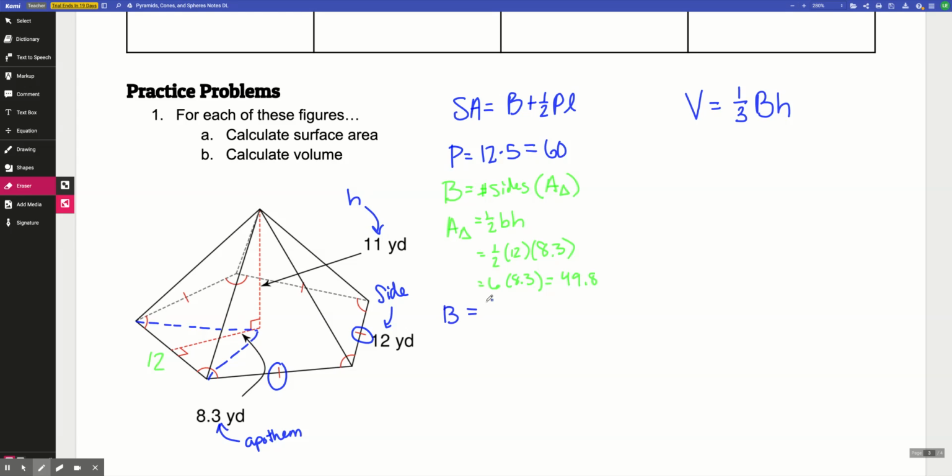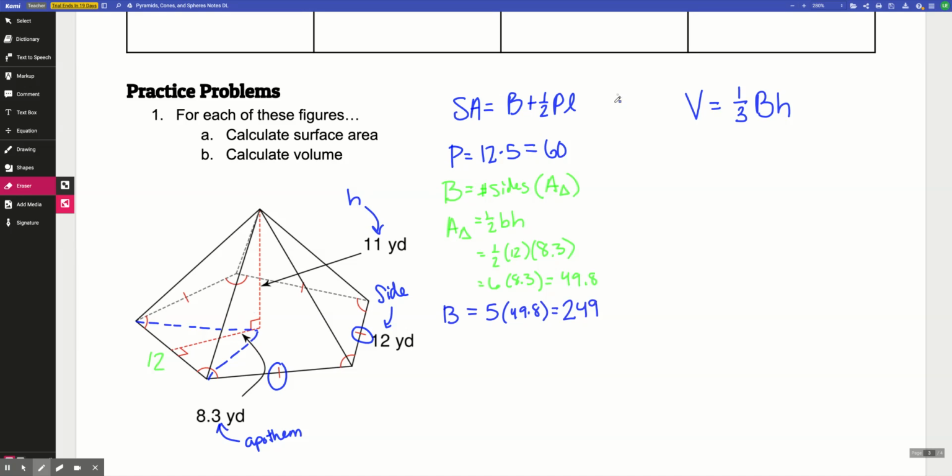So my base shape is the number of sides, which is 5, times the area of one of those triangles, 49.8. Okay, and when I multiply that out I get 249.